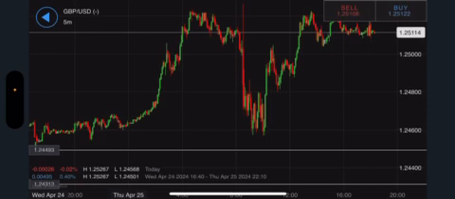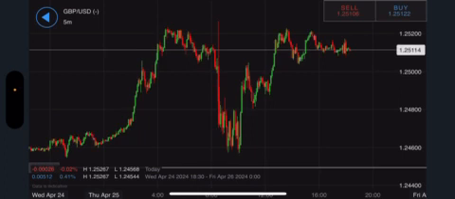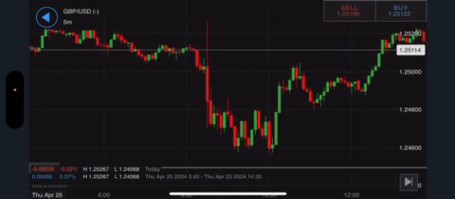Now, having said that, I wanted to show you an example from today's market. We're looking at a live chart here. It's currently April 25th. And what I want you to pay attention to is this red vertical line in the middle. Now I'm going to blow it up a little bit.